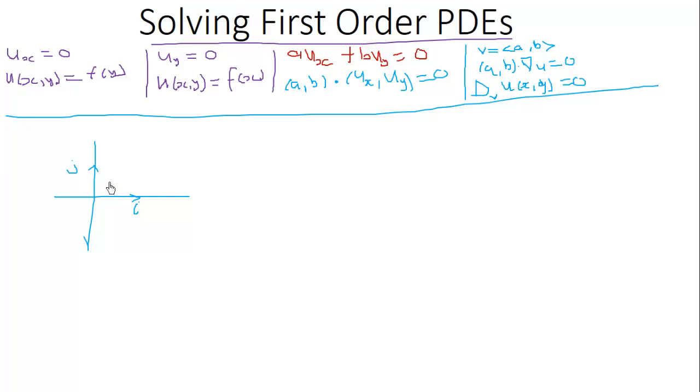Then the vector v, from any point we move a unit along the i direction, then b unit along the j direction. So we have our vector v being equal to ai plus bj.